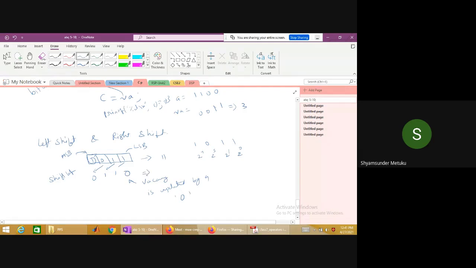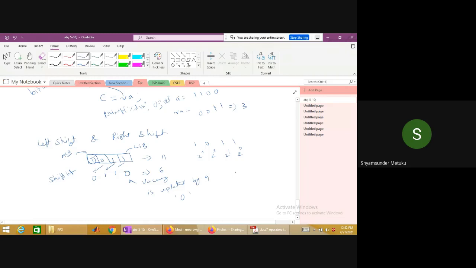Can anyone tell what is the value with this one? 6. Correct or not? Yeah, 1, 1, 0. I think it is 11. 11 means you are getting 6, no?